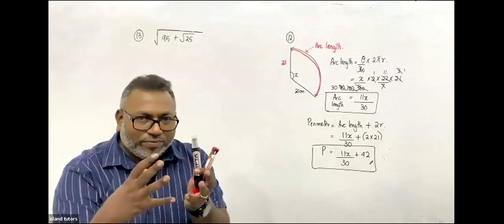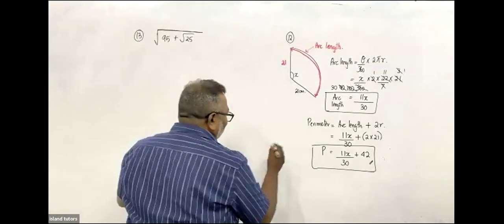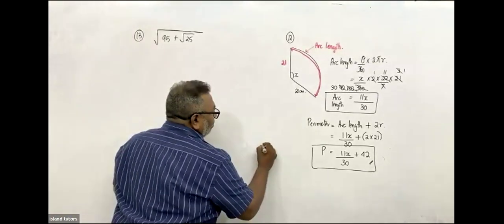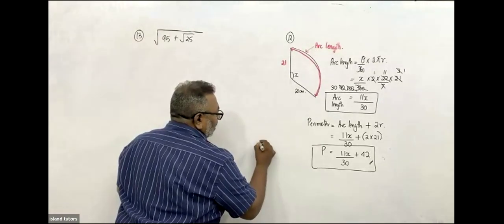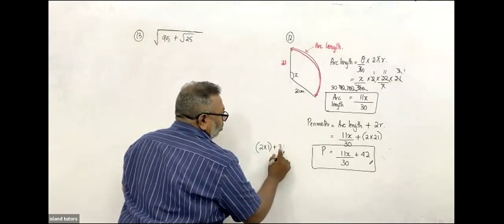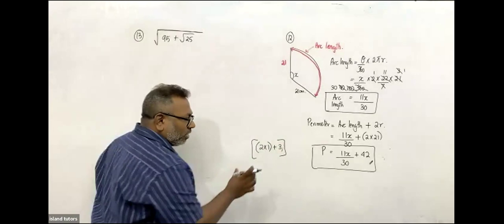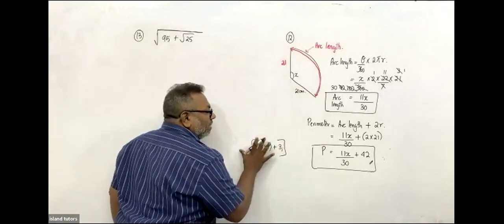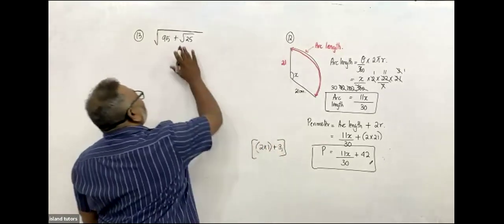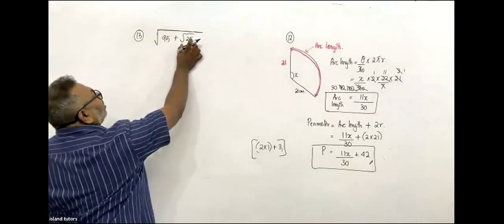You do the brackets first and then you do the brackets out of that. If you want to multiply 22 into 1 plus 3 into something like this, what do you do first? You do this bracket first and then you go to the outside. Same thing over here. You do the surd inside the surd first.